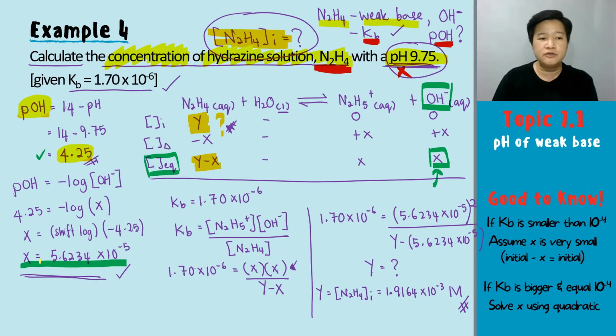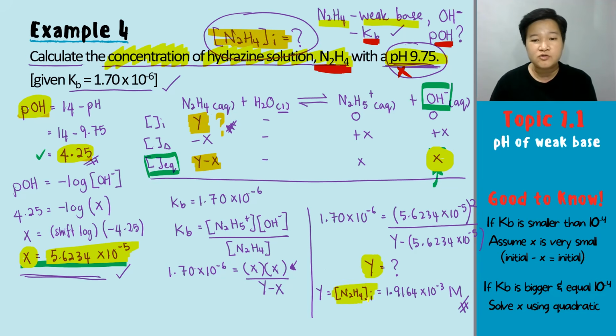From the pOH, you can find the concentration of your OH minus ion. And the concentration of the OH minus ion proved to be X over here in the ICE table. So when you found the X, you can easily solve your mathematics and you can find your unknown Y, or you can find your unknown concentration of hydrazine at initial. Bear that in mind, it's a concentration, therefore your final answer must be a molarity. Okay?